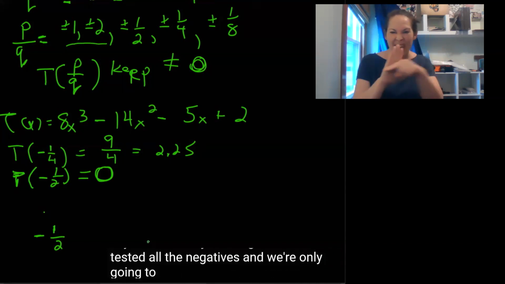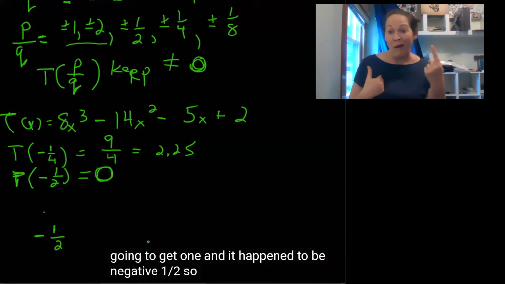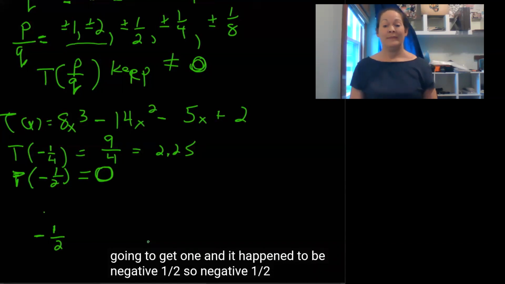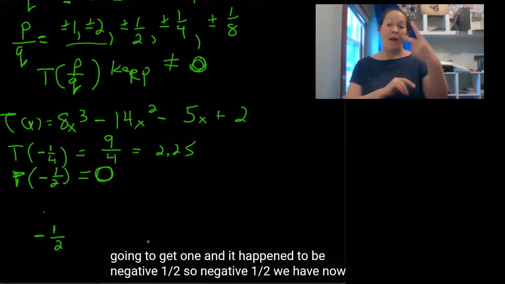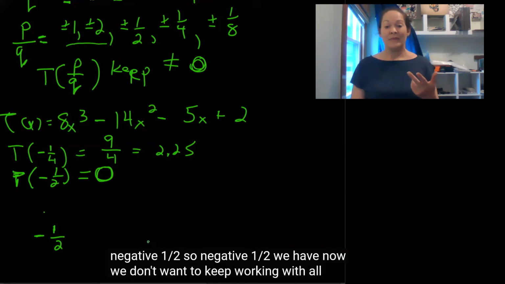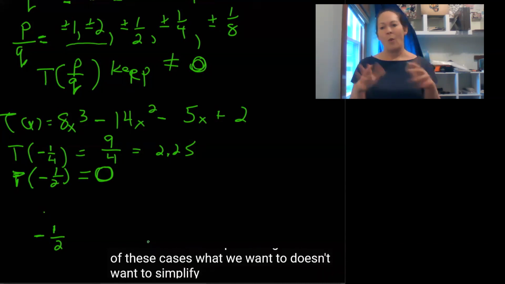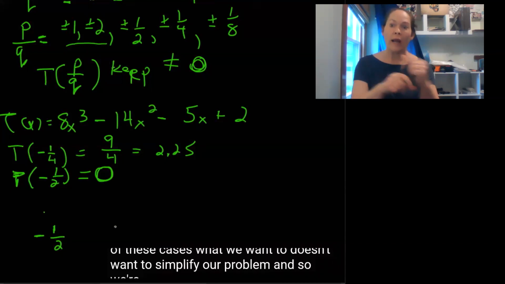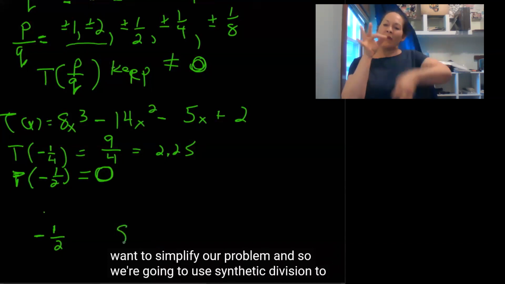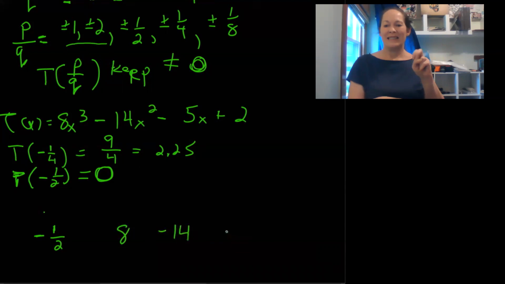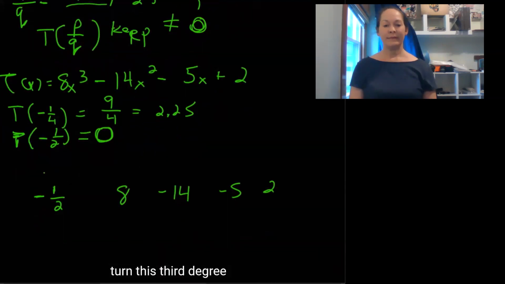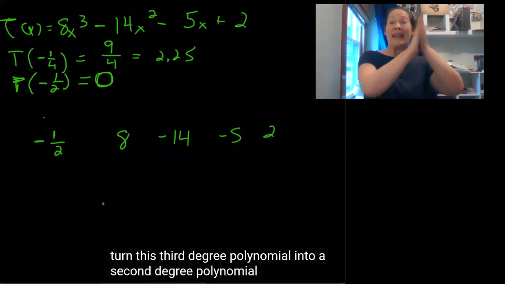And we were only going to get one, and it happened to be negative 1/2. So negative 1/2 we have. Now we don't want to keep working with all of these cases. What we want to do is simplify our problem. And so we're going to use synthetic division to turn this third degree polynomial into a second degree polynomial.